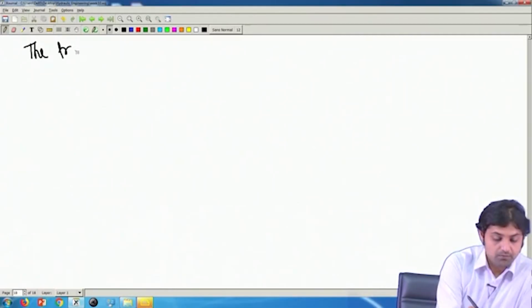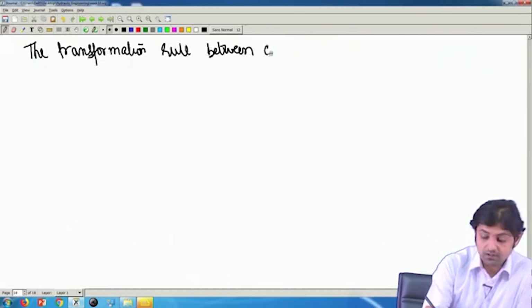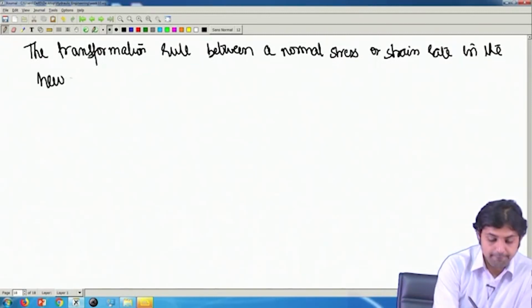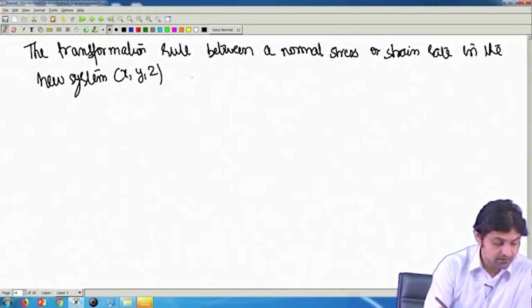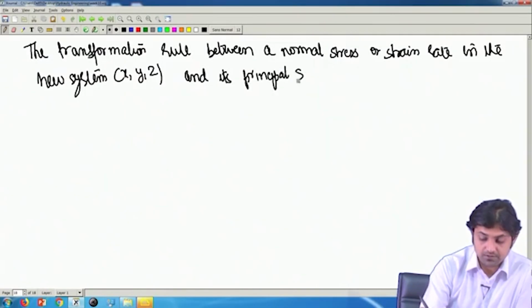So, based on this, the transformation rule between a normal stress or strain rate in the new system, which is the x, y and z axis, which is arbitrary, and its principal stresses and strain.